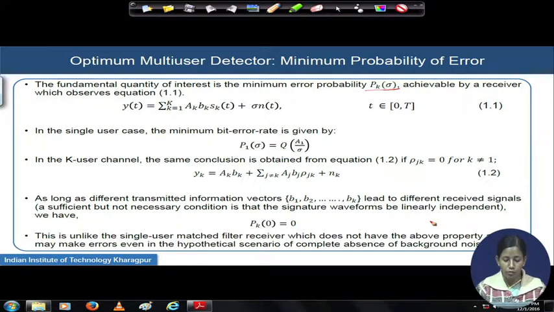We have that rho k is equal to 0. But remember one thing: this is an unlikely expression that we have received for this multi-user detection scenario.